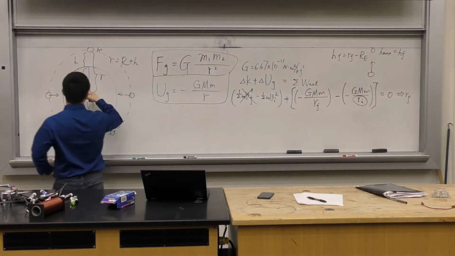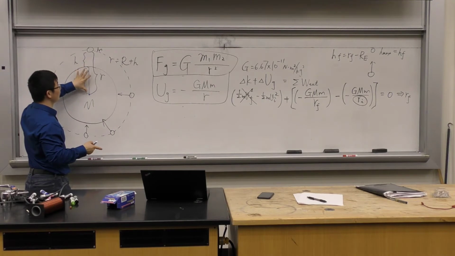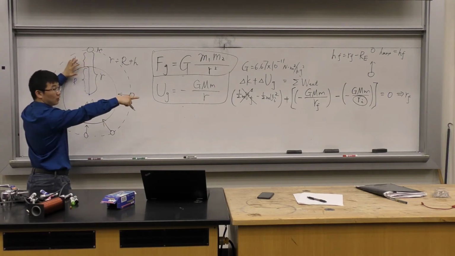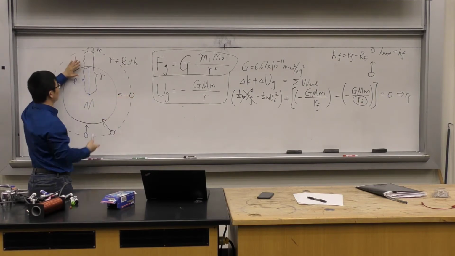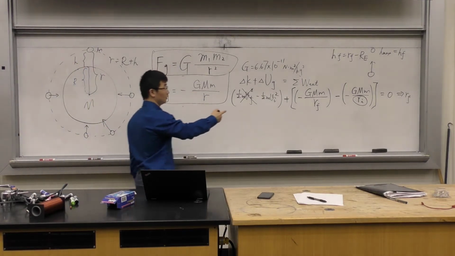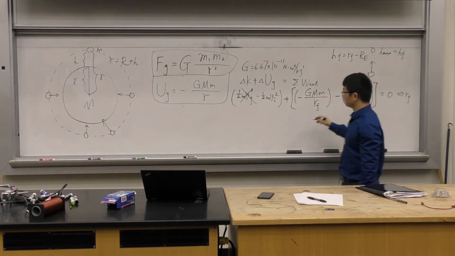That's this, right? So the initial R is at the surface, okay? Initial R is not 0. You can say initial height is 0, but I'm not plugging the initial height in that equation. I'm plugging initial little r. Little r is the distance from the center of the Earth to where the object is. So that means little r here is going to be the radius of the Earth, okay?